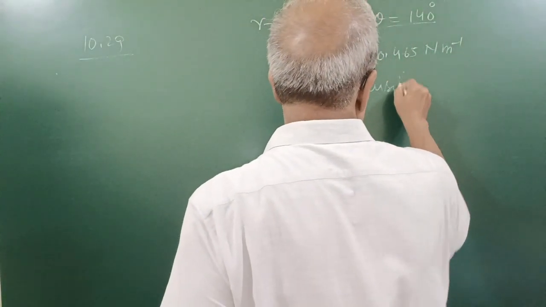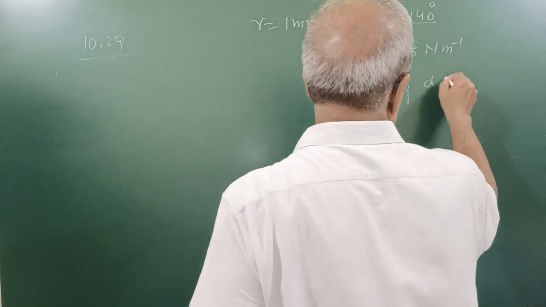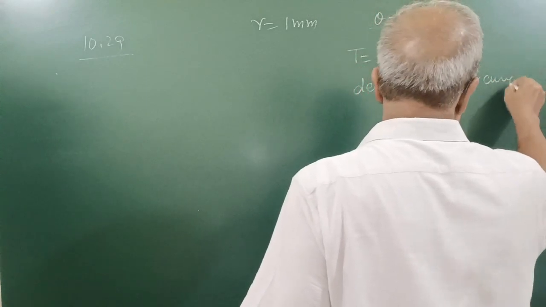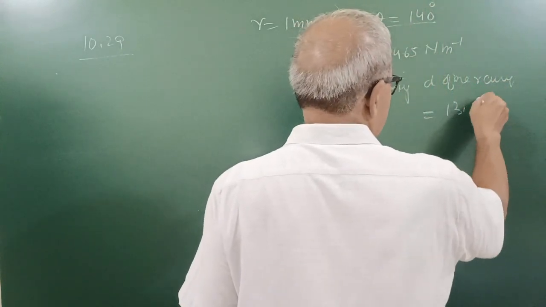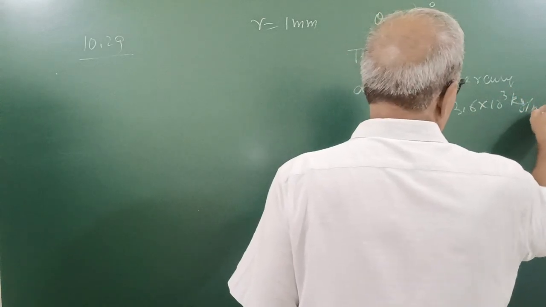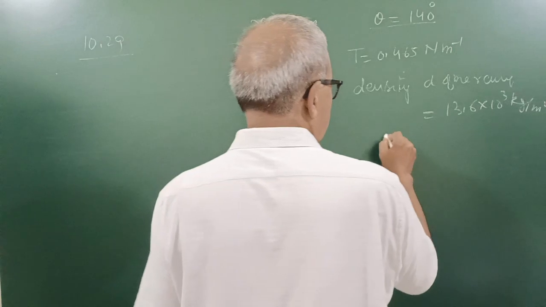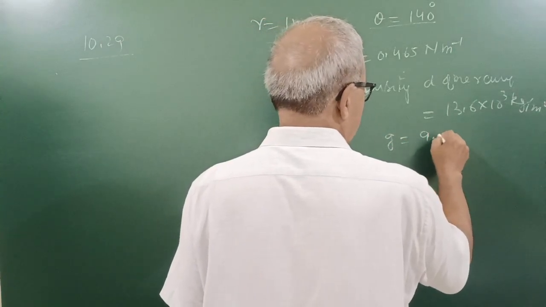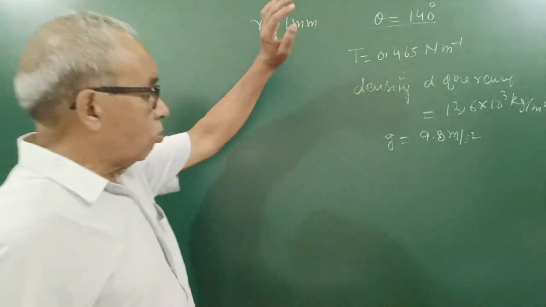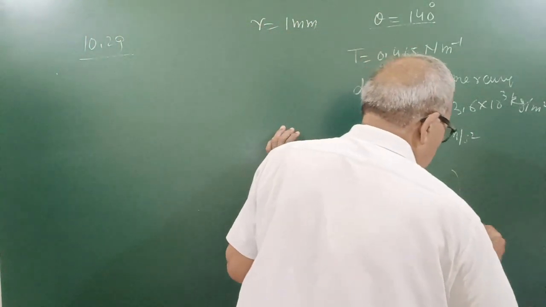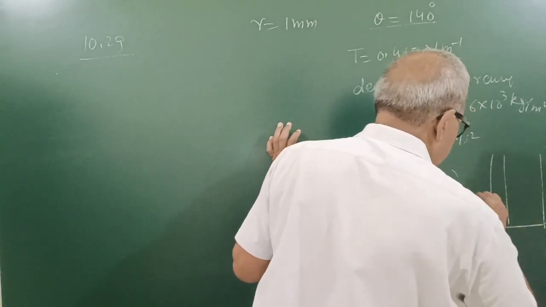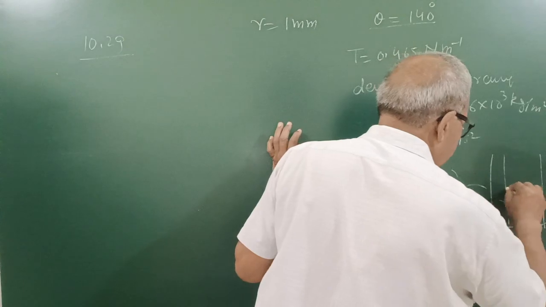Density D of mercury, do you remember or not? 13.6 times 10 to the power 3 kg per meter cube, and g is 9.8 meter per second square. Using this data, mercury certainly will dip down in the tube. It dips down from the outside surface.